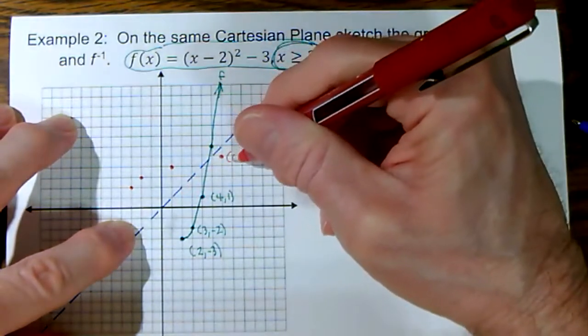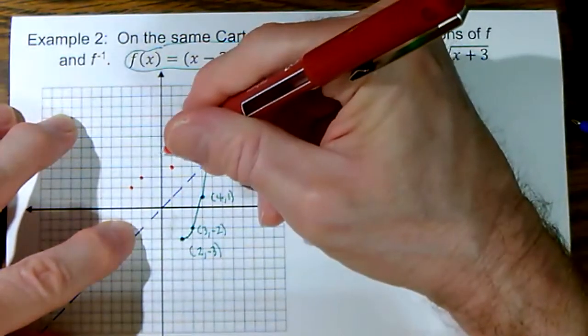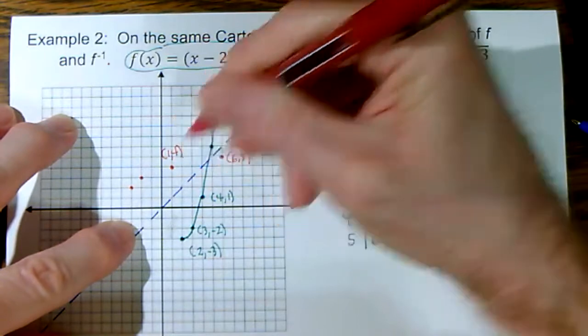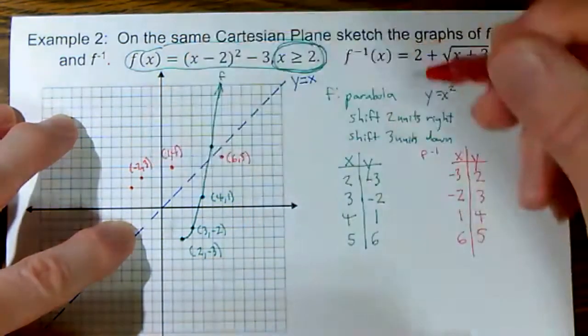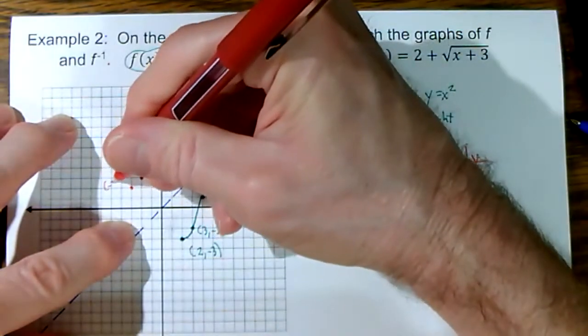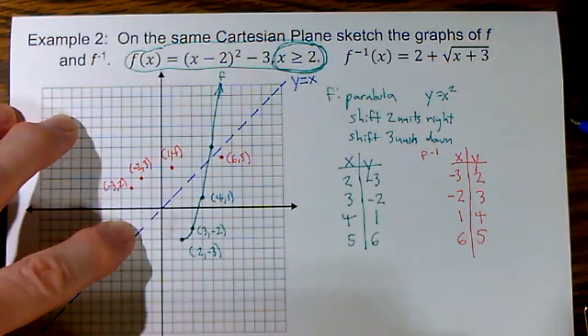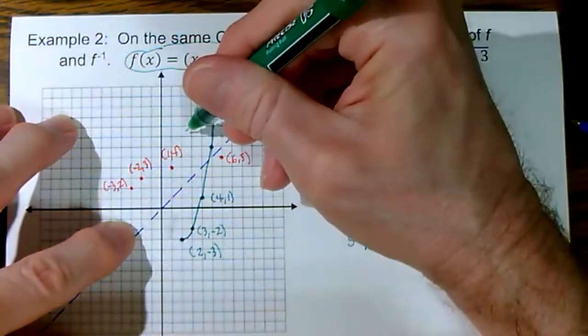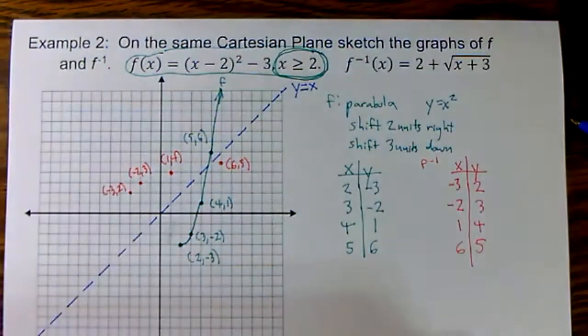Oh, I see I didn't label this one either. So 6, 5, 1, 4, -2, 3, -3, 2. And the point on the green graph that I missed was the point 5, 6. So I'll put that in as well.